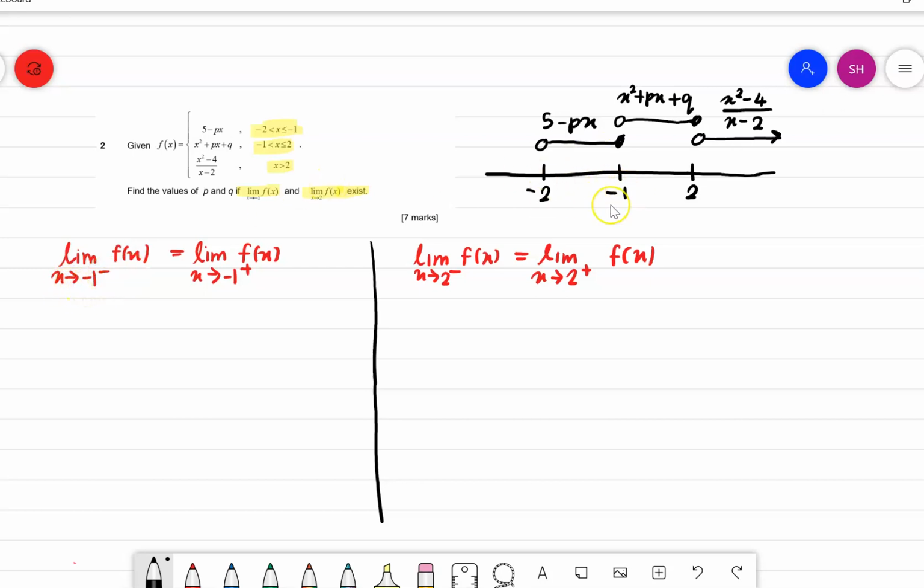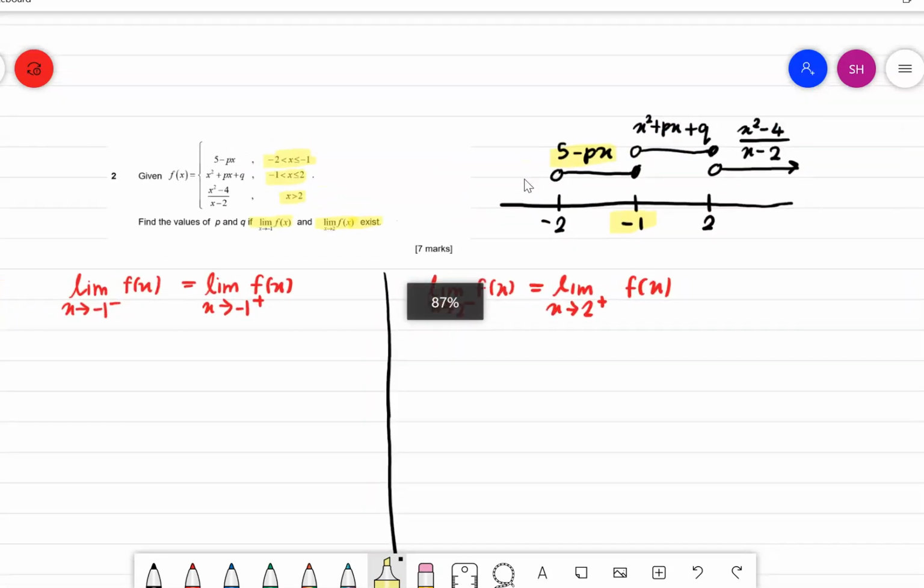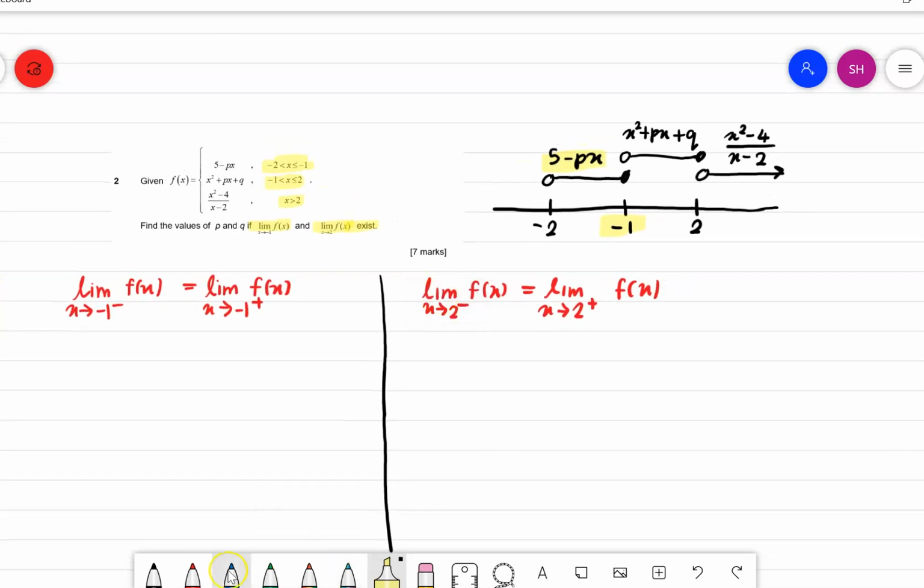So, x approach -1 daripada kiri, function yang terlibat ialah 5 minus px. So, we substitute the function f(x) with 5 minus px.